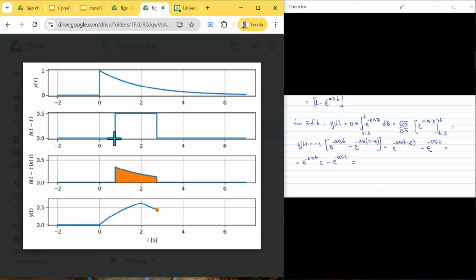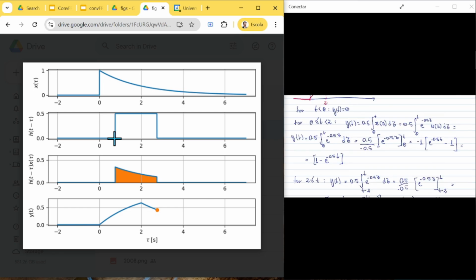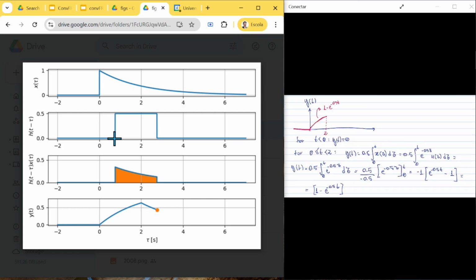So essentially I will have e to the minus 0.5 t, e minus 1. This is the expression for this third part of the curve.